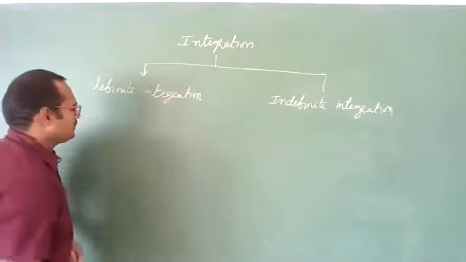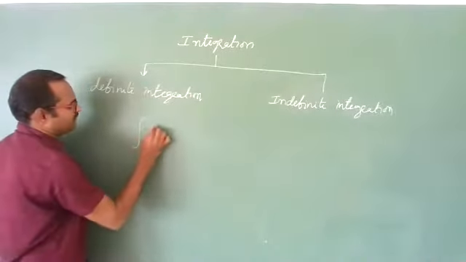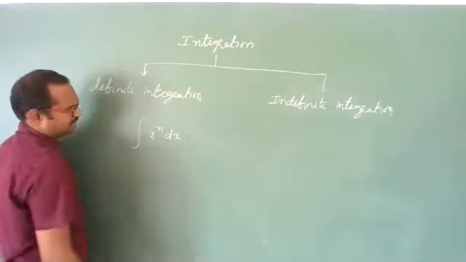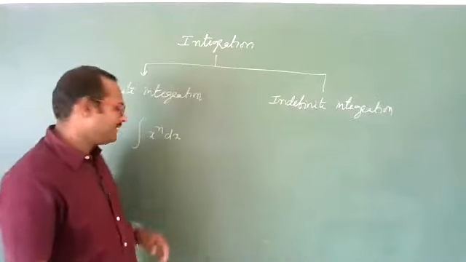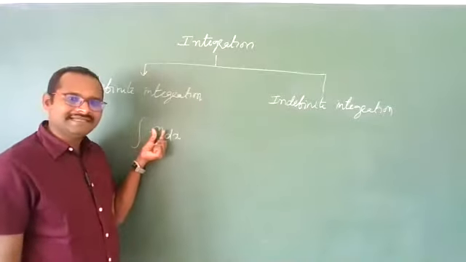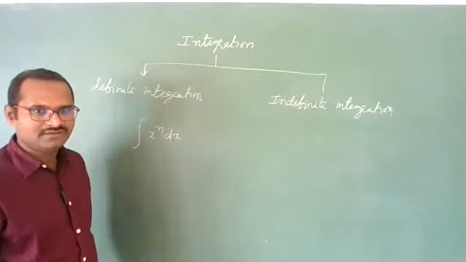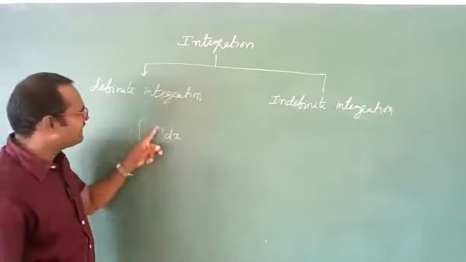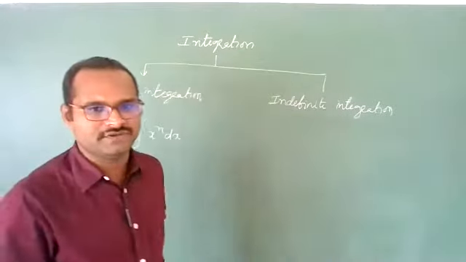So let us suppose we are having integration of x power n dx. This is integration, and x power n is the integrand, we call. Okay, x power n dx is the element of integration, we call.